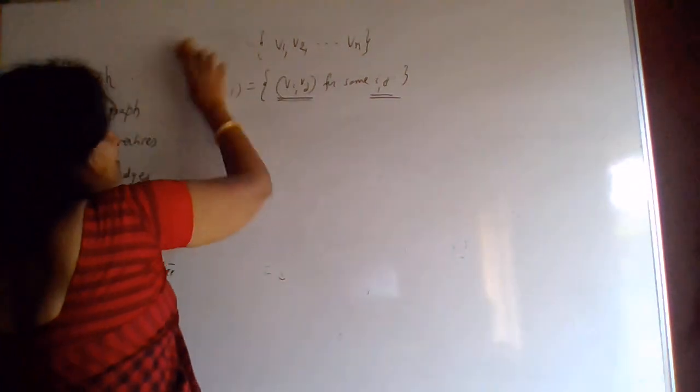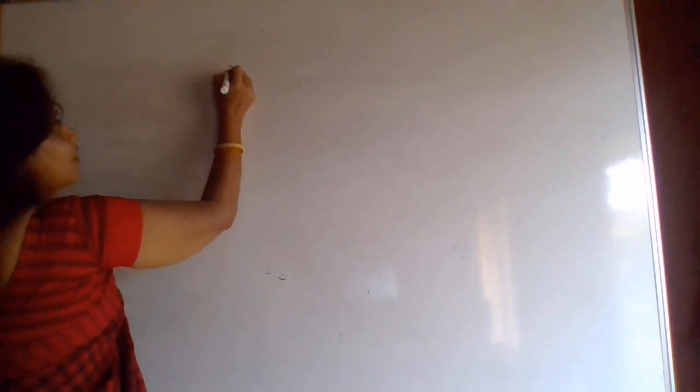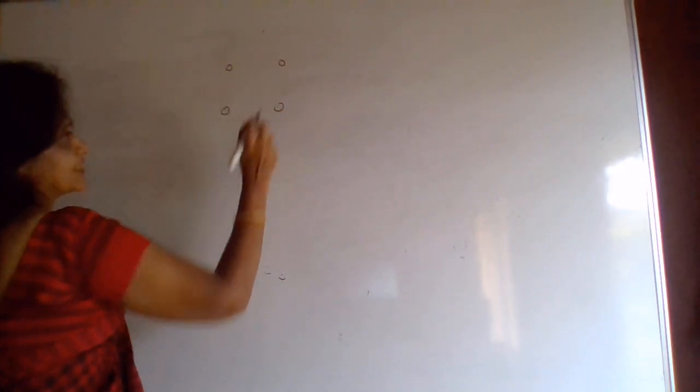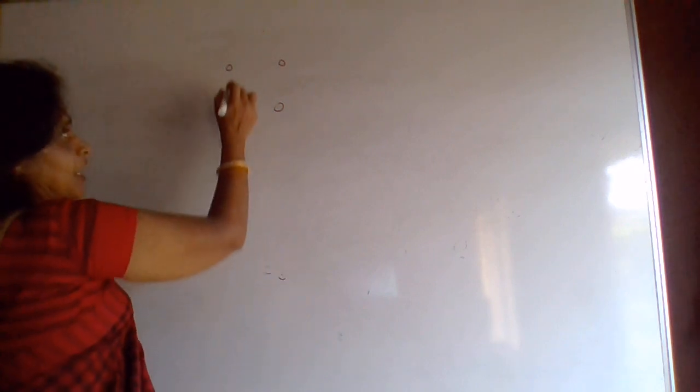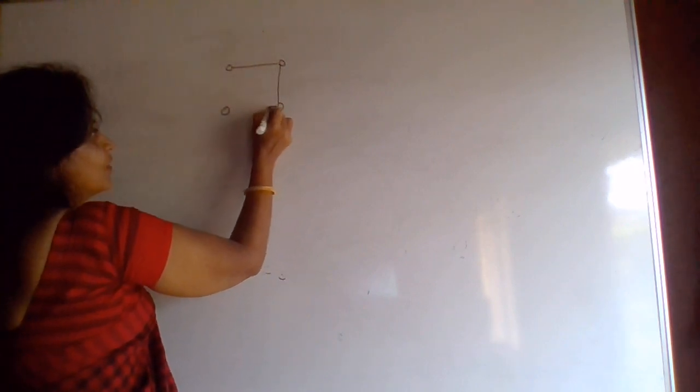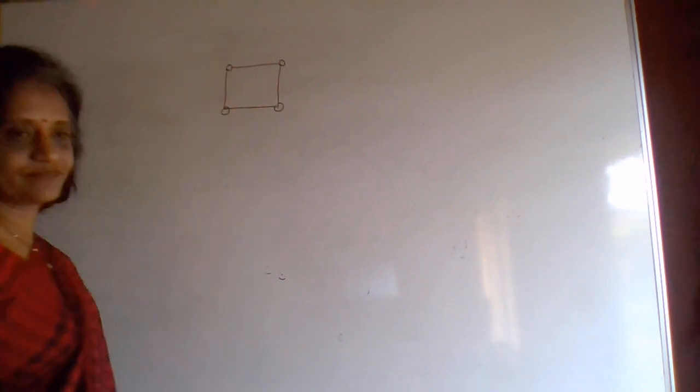Now for a complete graph, again I'll give you some example. Let me wipe out now these things. So complete graph, first let's have some graph on 4 vertices. These are 4 vertices. This is one graph on 4 vertices.